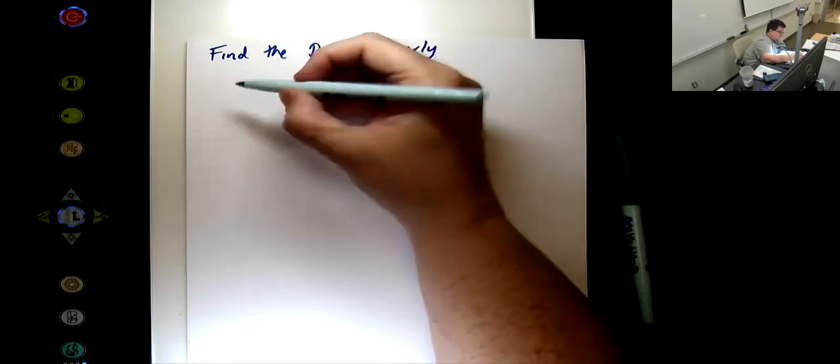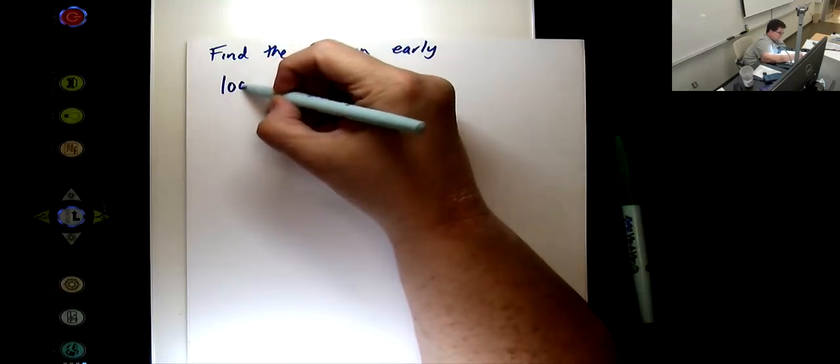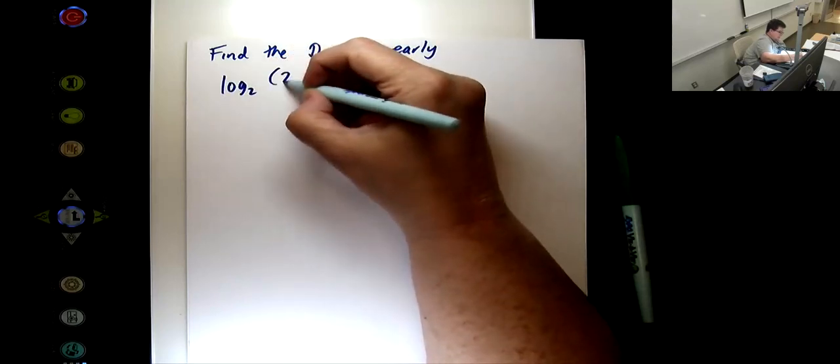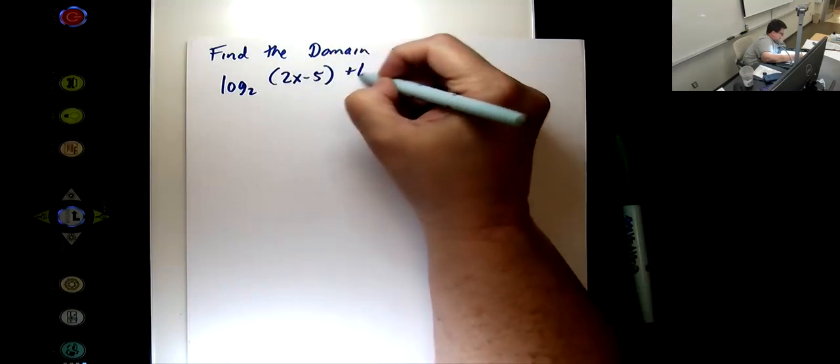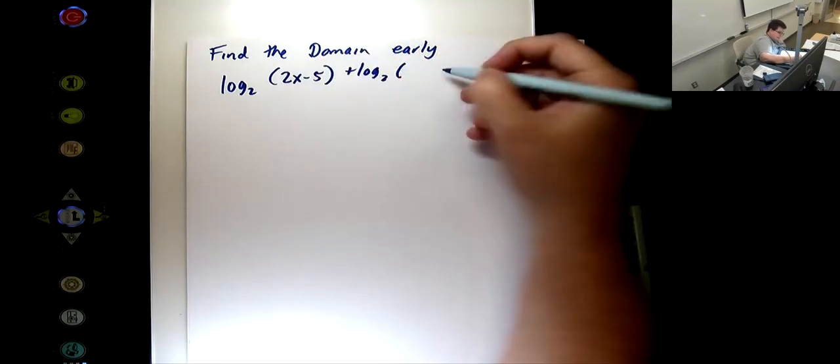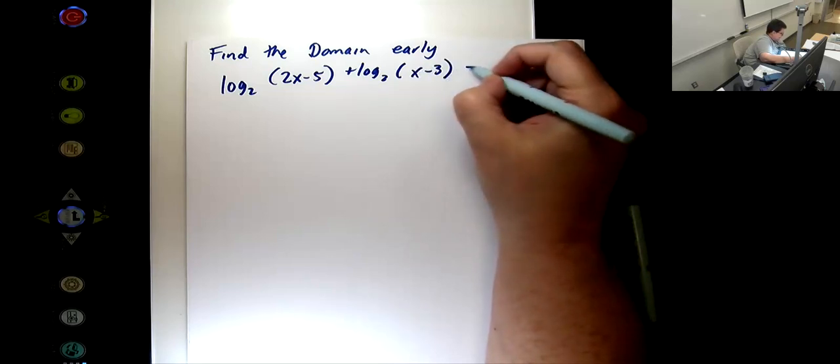I'm going to do log base 2 of 2x minus 5 plus log base 2 of x minus 3 equals 3.